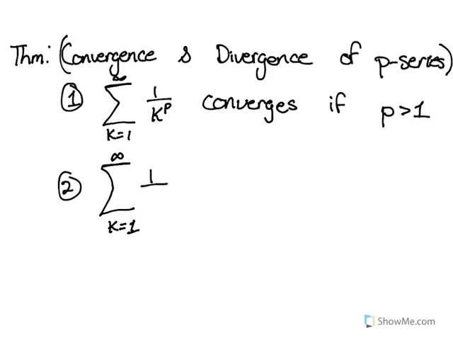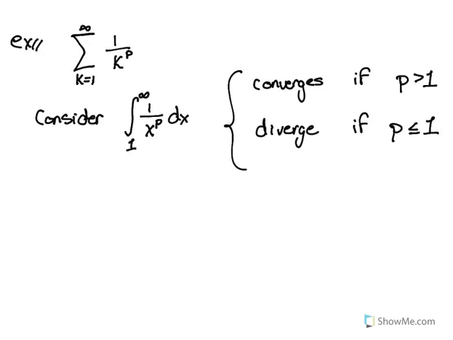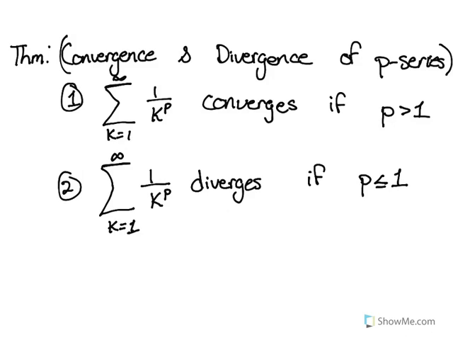And of course, the proof of this we just did using the integral test. Of course, the p equals 1 case is just the series that we covered in the last example, the series 1 over k. This is a very important type of series. It has a name. We're going to call it the harmonic series. So that's how we use the integral test to show convergence or divergence of p-series.